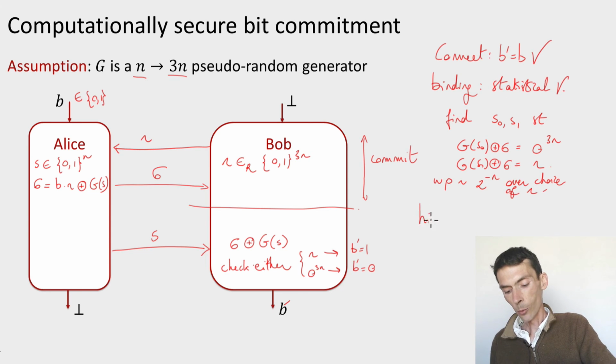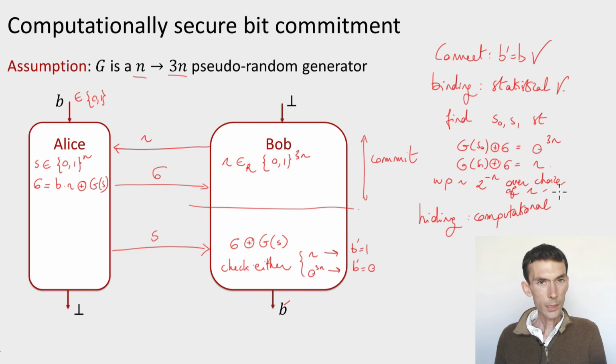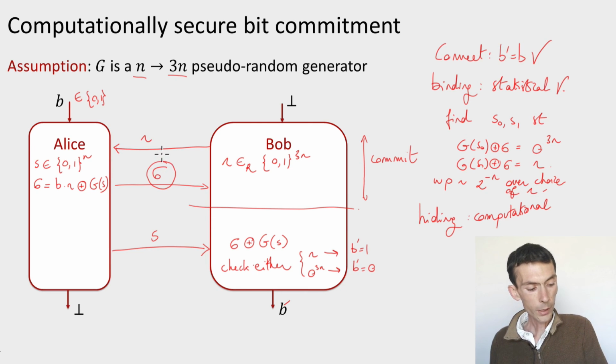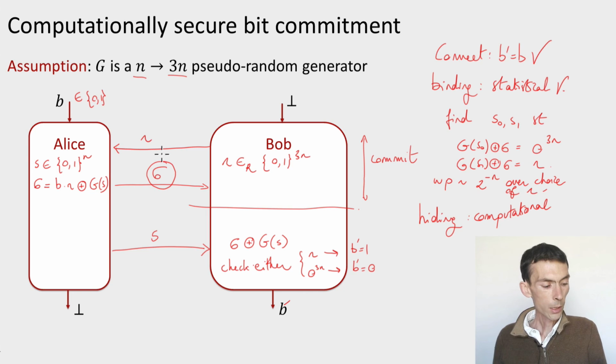Now the hiding property is going to rely on the computational assumption. The reason is that the scheme will only be hiding in as much as Bob cannot tell the difference between a sigma that was generated as g of s or a sigma that was generated as the parity of g of s and r for r that he holds.